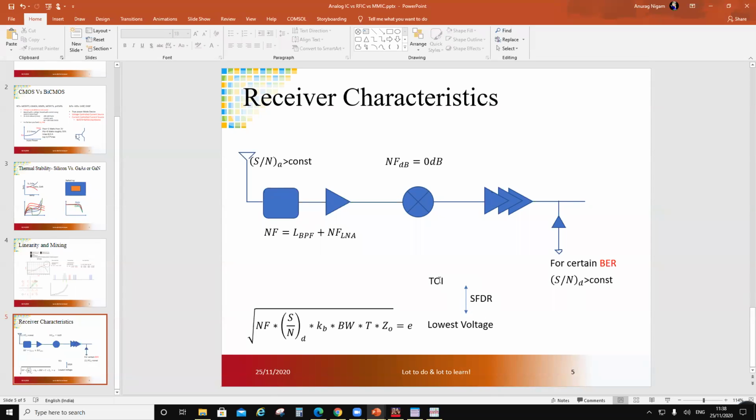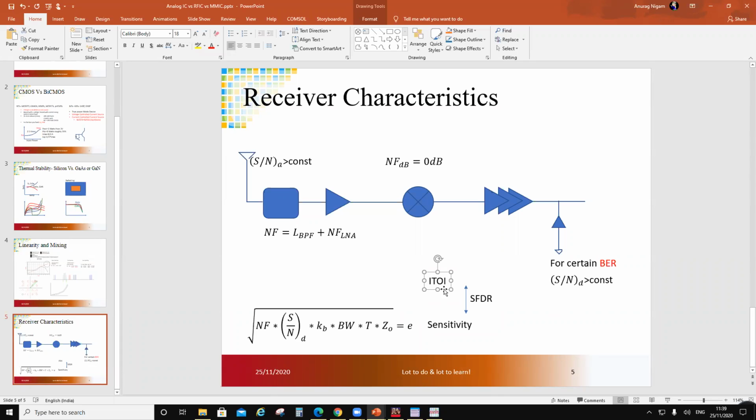The upper value is the TOI. So I would call this ITOI, not OTOI. Okay, so the upper value is ITOI, and then the sensitivity is the lower value. Okay, this gap is called SFDR. So you are designing for a certain SFDR. The lowest value is sensitivity, the highest value is ITOI.